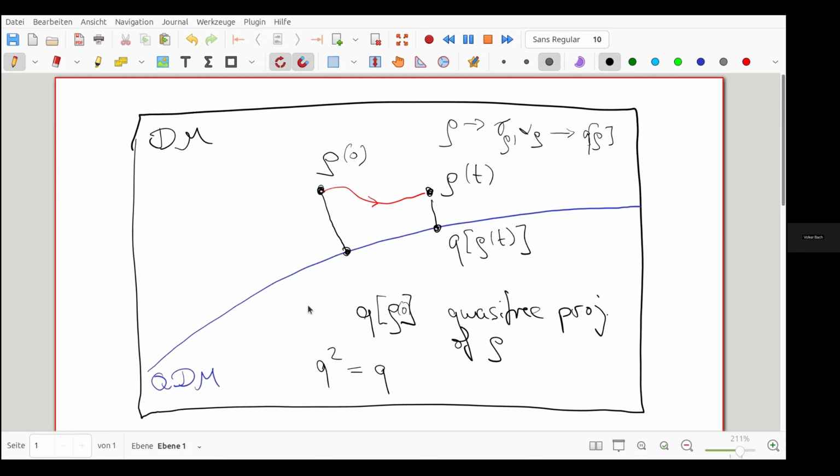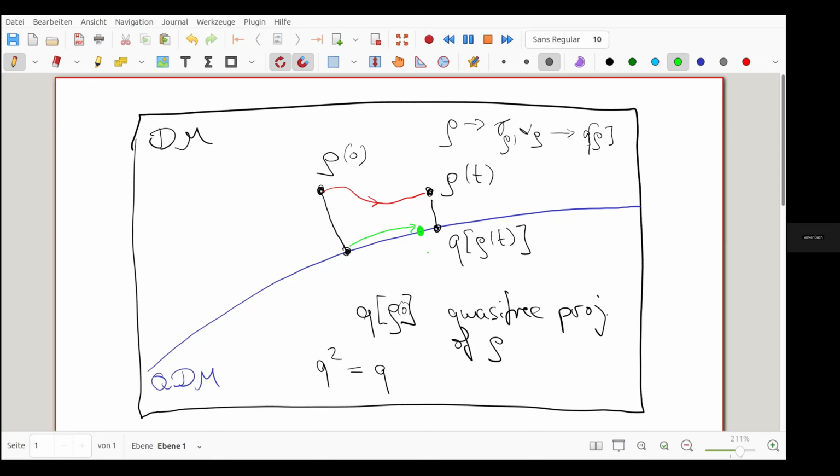And so the question is, if we have the time-dependent Bogoliubov-Hartree-Fock evolution, then this would also start at Q of rho 0 and would take us perhaps here. It stays quasi-free.